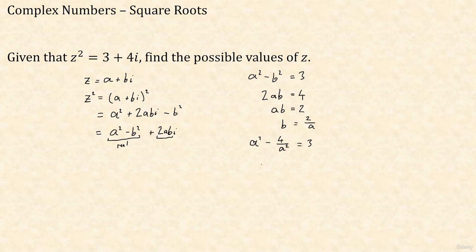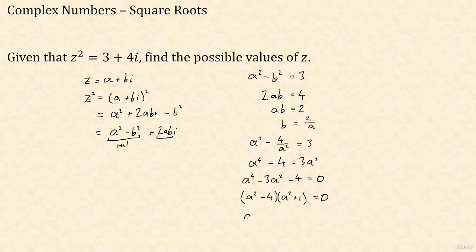Multiplying through by a squared, I get a to the 4 minus 4 equals 3a squared. What we've got now is a quartic, but it's really just a disguised quadratic in a squared. This is an easy enough one to factorize. I get a squared minus 4, and a squared plus 1.